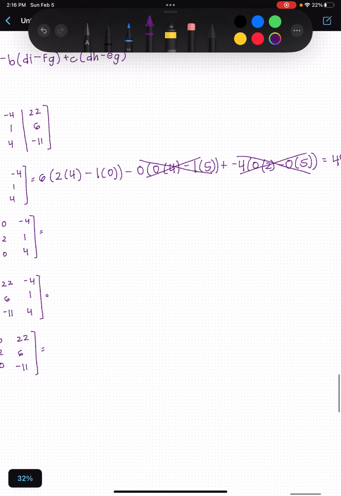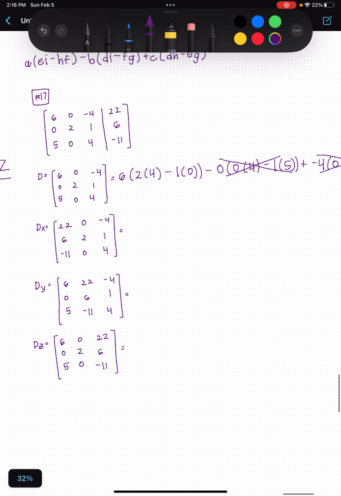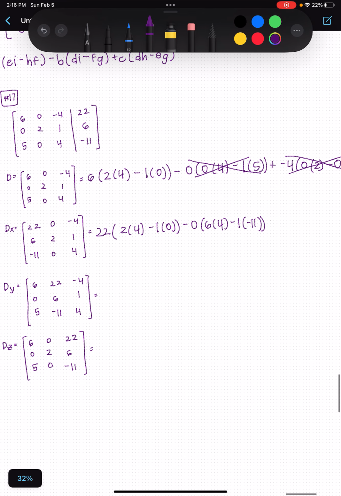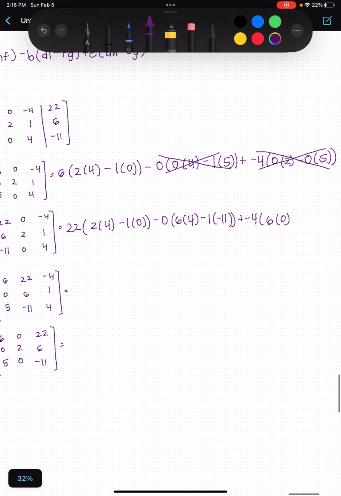All right, now let's do it again for the second matrix. So for the second matrix, we're going to have 22 times 2 times 4 minus 1 times 0, minus 0 times 6 times 4 minus 1 times negative 11, plus negative 4 times 6 times 0 minus 2 times negative 11.